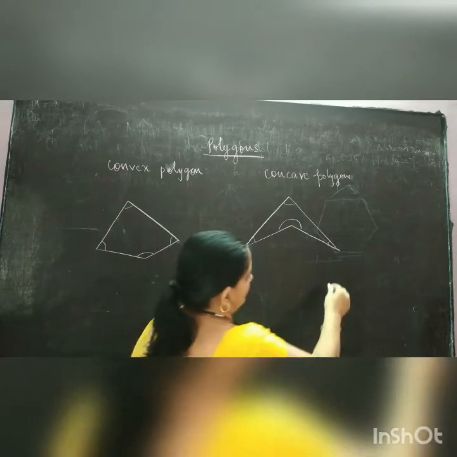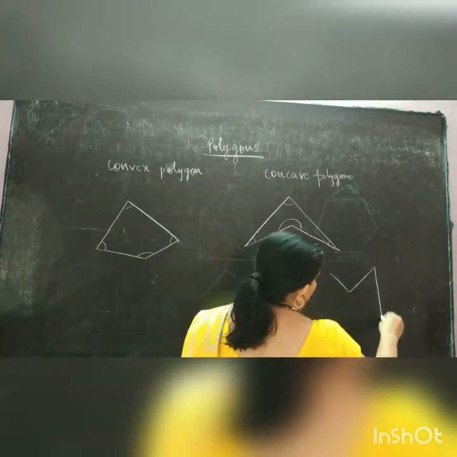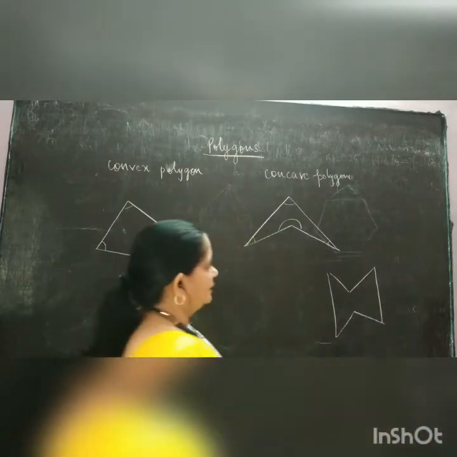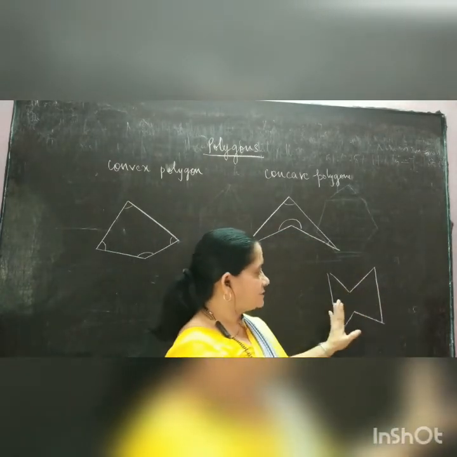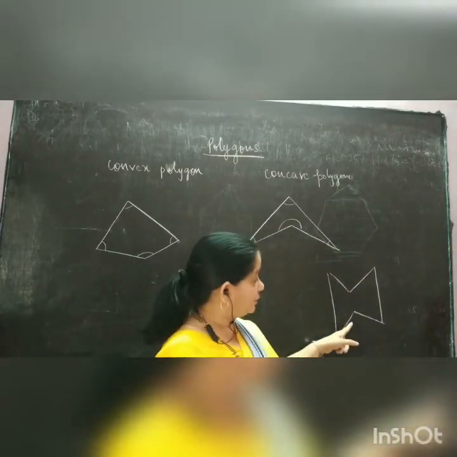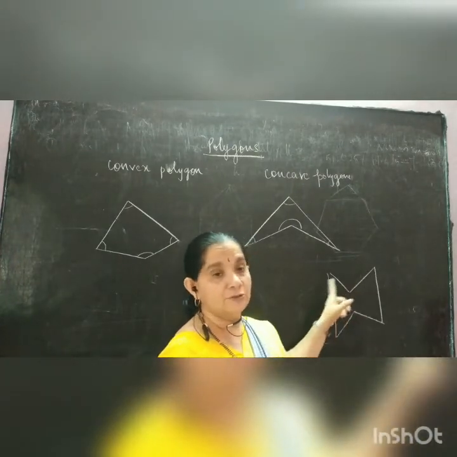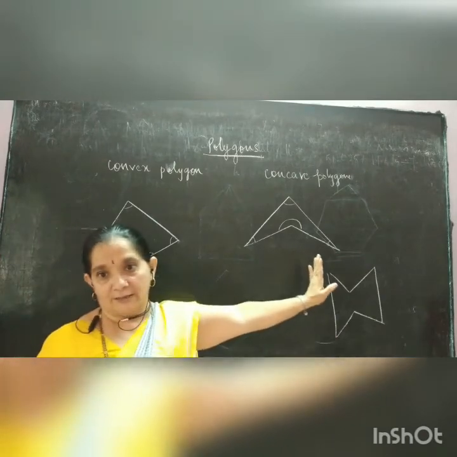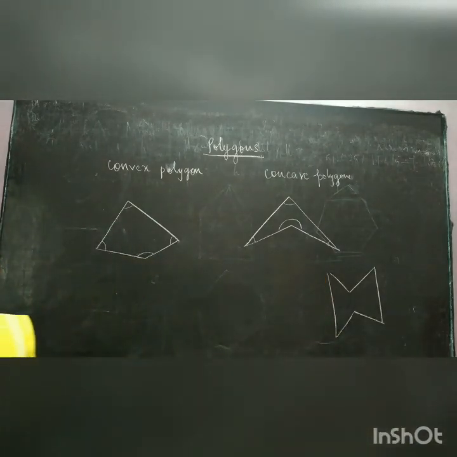Two can be here. This is a 1, 2, 3, 4, 5, 6 hexagon. So here two reflex angles you can see, isn't it? So minimum one reflex angle should be there in the concave.